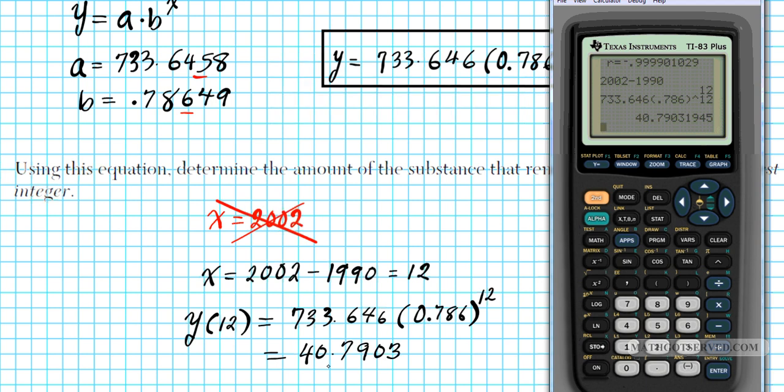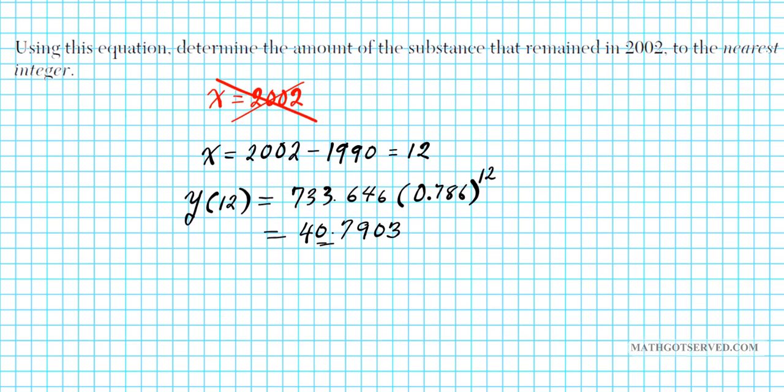If we want to round it to the nearest integer, we're going to round up. So our answer is going to be 41 to the nearest integer. Remember, always pay close attention to the specified place where they want you to round your answers to.